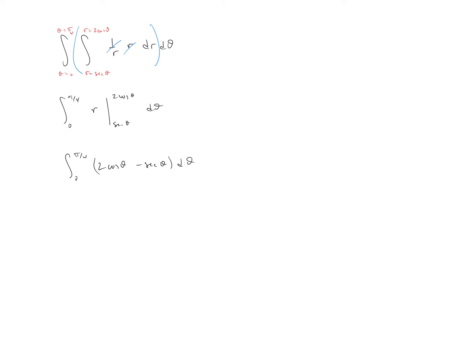And then we just evaluate these. The 2 cosine would go to 2 sine theta. And then the secant, that's one we studied in Calc 2. That's going to be the natural log of the absolute value of secant theta plus tangent theta, evaluated from 0 to pi over 4. So if I plug all that stuff in, I'll get root 2 minus the natural log of 1 plus root 2 for our final answer.